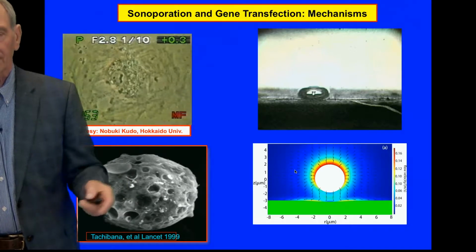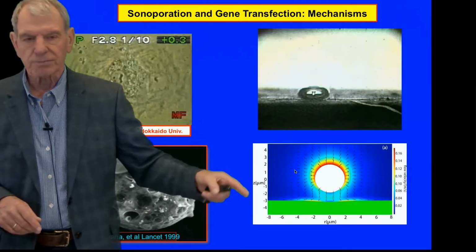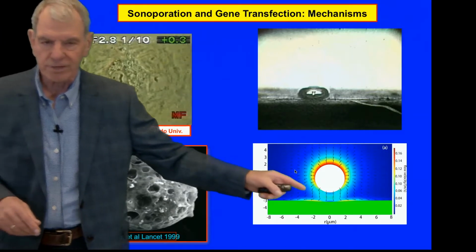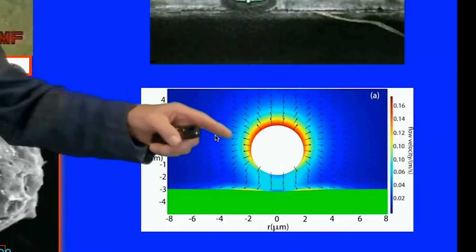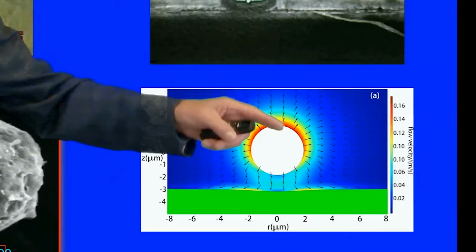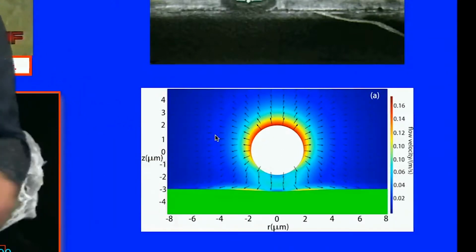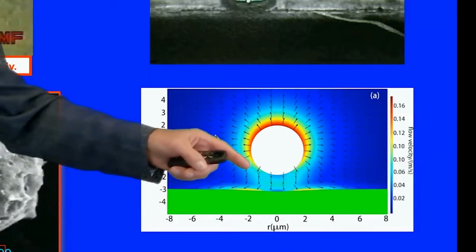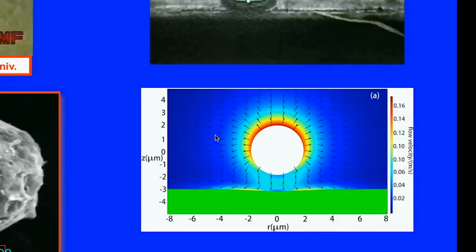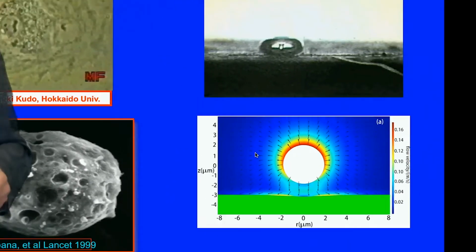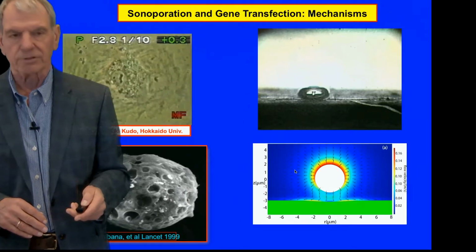On the other hand, if you had acoustic streaming, if you had stable cavitation, this is, for example, inertial cavitation. If you had stable cavitation, then the stable cavitation could also, in the vicinity of the membrane wall, tear the membrane. And so either inertial cavitation, jetting, or microstreaming could be opening up, and people are not so sure, and probably both of these things are involved.